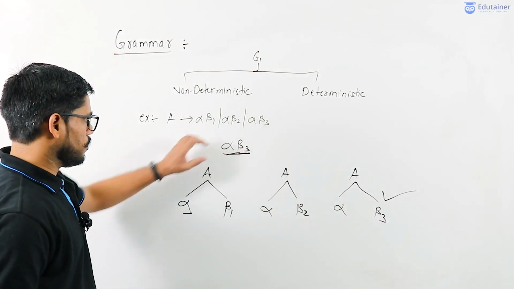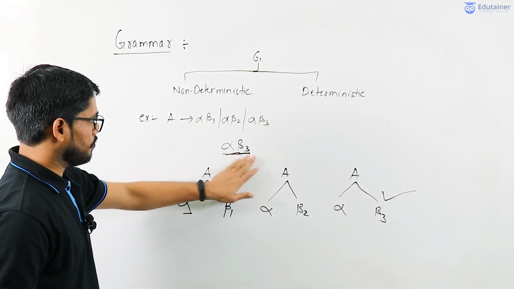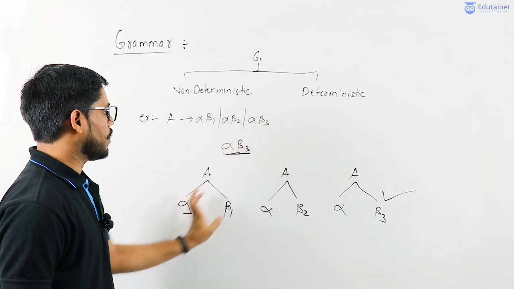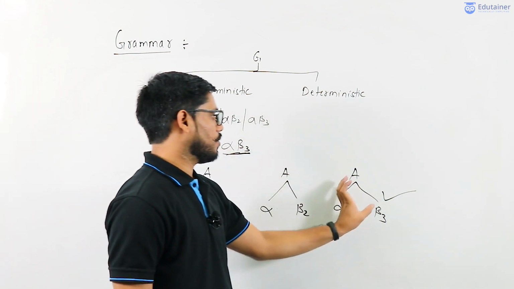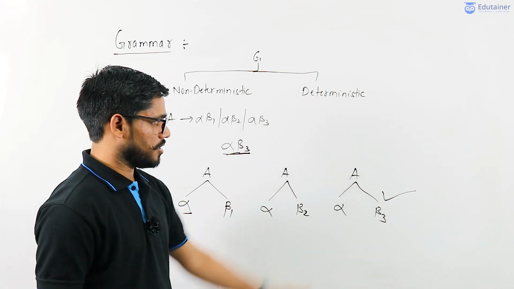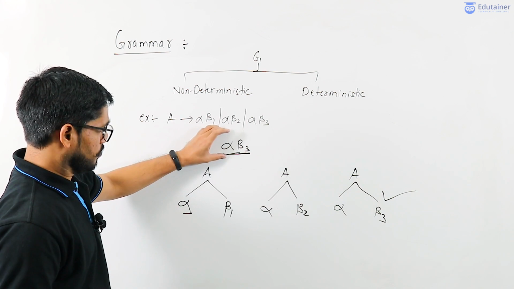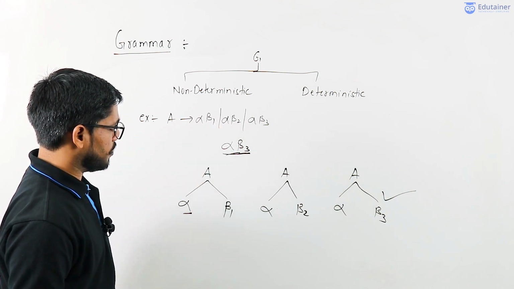But if you do not see enough of the input string, meaning you can't see the whole string at a time, then you cannot derive the particular result in one step. You might take more than one step to derive this string alpha beta 3.